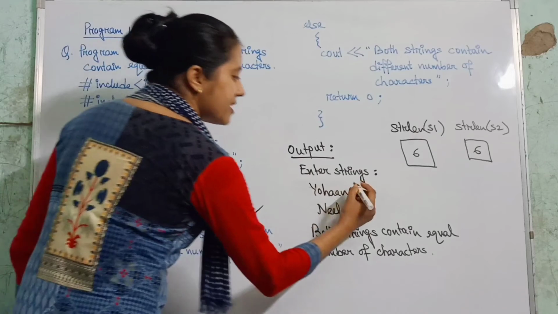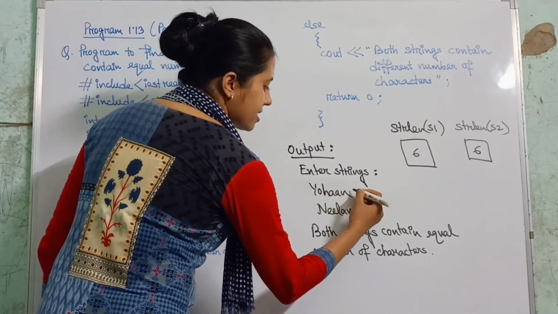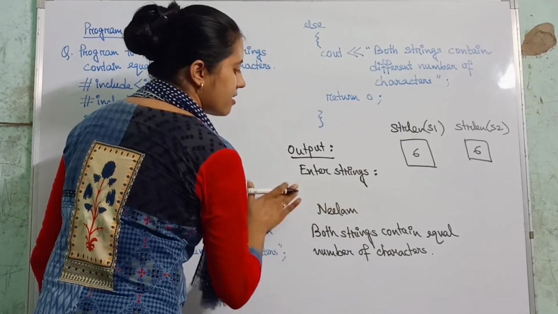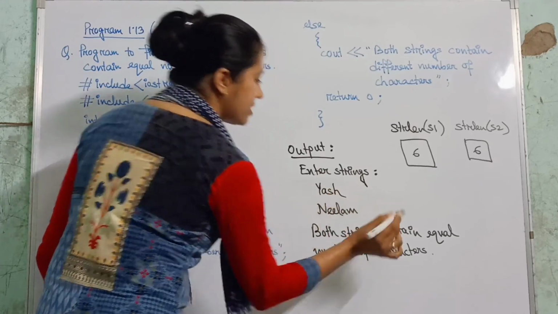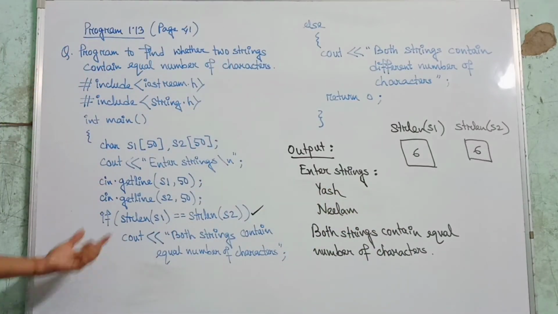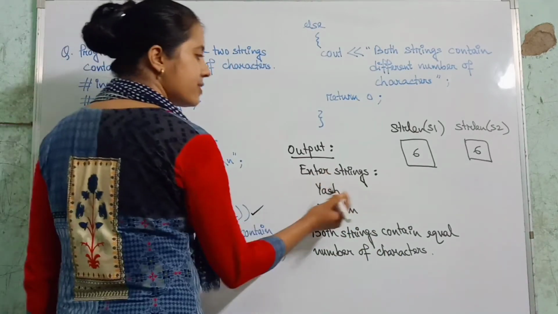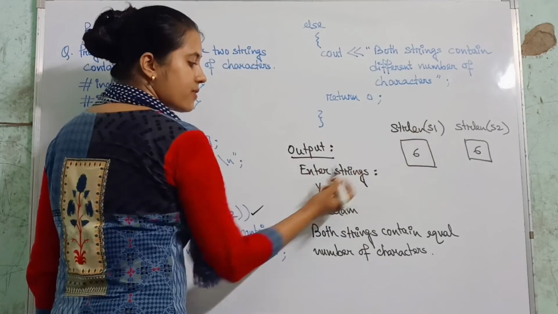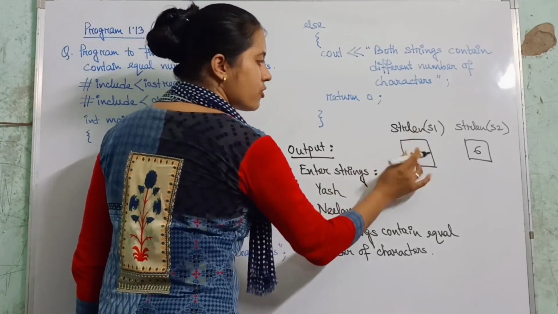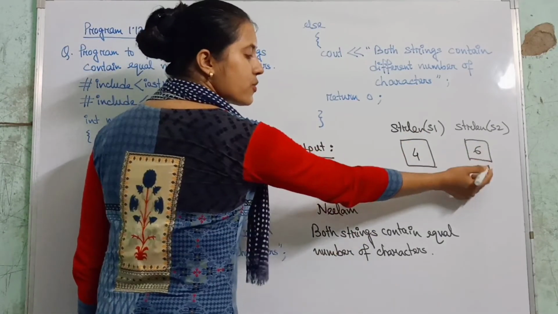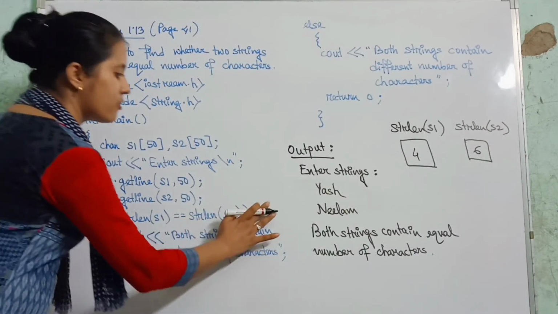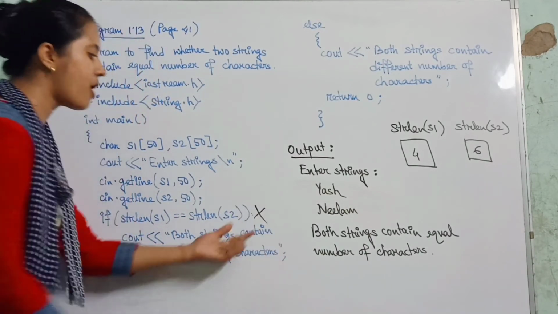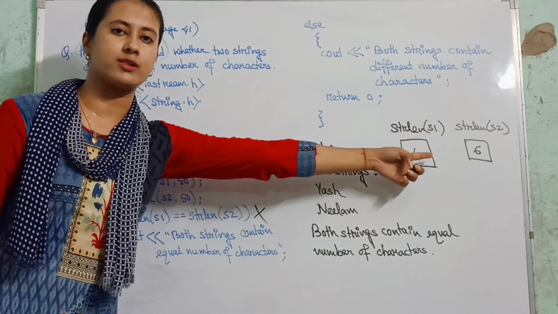What if I write another name, suppose Yash? Then strlen s1 will store 1, 2, 3, 4, so it will store 4, and the other will store 6. When we compare these two values, the result will be false, meaning the if statement is false.